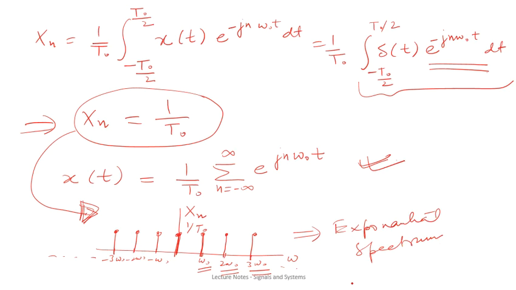Now the line spectrum which has been asked from you to sketch, you will use this relation, that is C naught. If you remember, when we were discussing the trigonometric Fourier series, we used this C naught and Cn. I have told you that the plot of this Cn against n is the line spectrum.